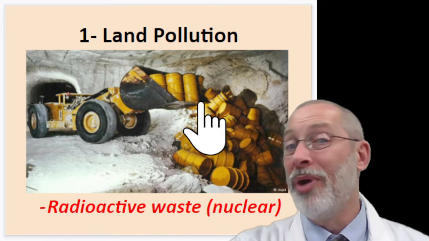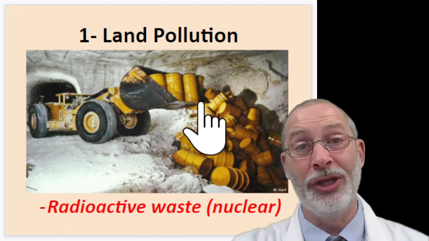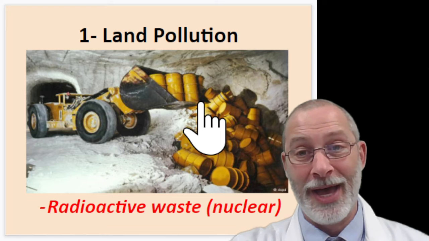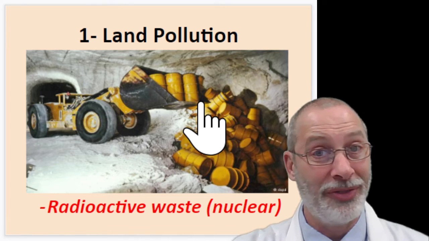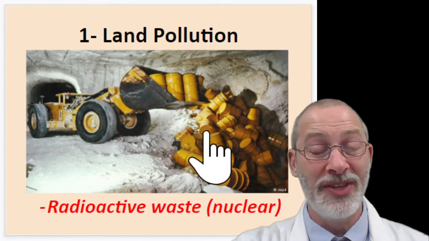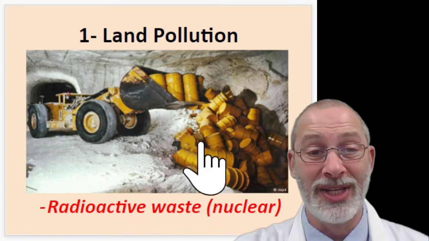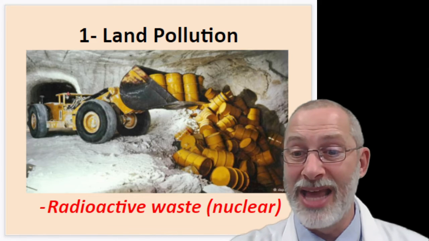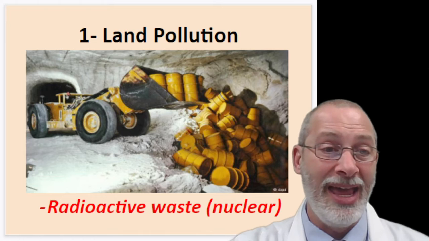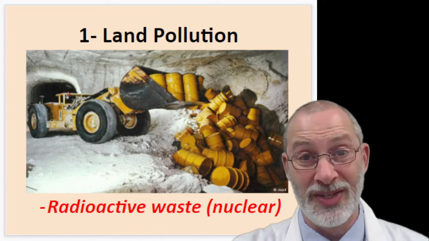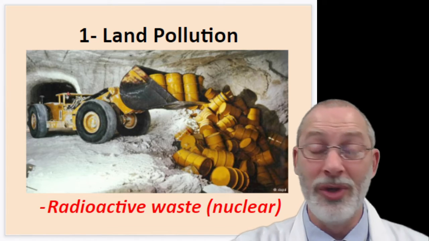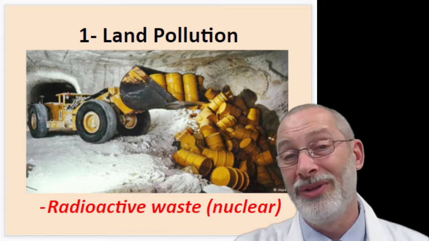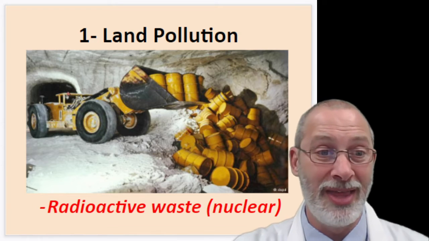And nobody wants this stored in your backyard. I know I wouldn't, and I don't think you would either. Because if this stuff gets out, it's going to cause a lot of diseases and a lot of damage to the environment. And, well, lots of sickness can arise. So even though we use the energy, we don't like the byproducts that result.